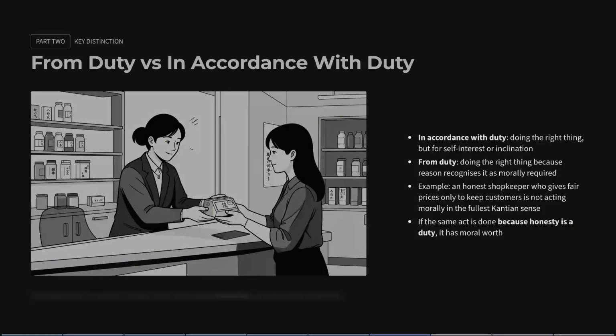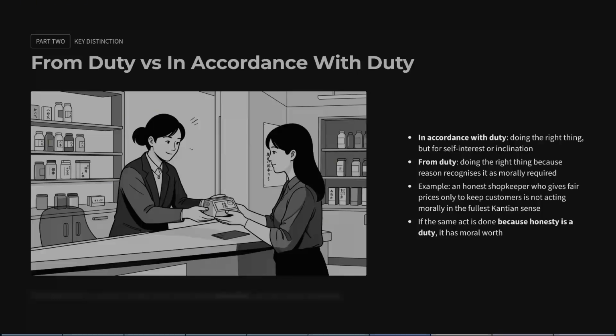The act is outwardly correct, but the motive is wrong. Acting from duty means doing the right thing because reason recognizes it as morally required. The act is outwardly correct and the motive is right. For Kant, only the second has genuine moral worth.